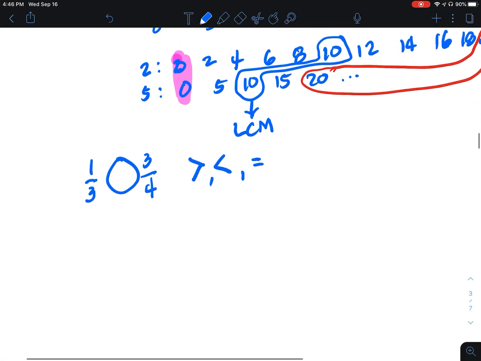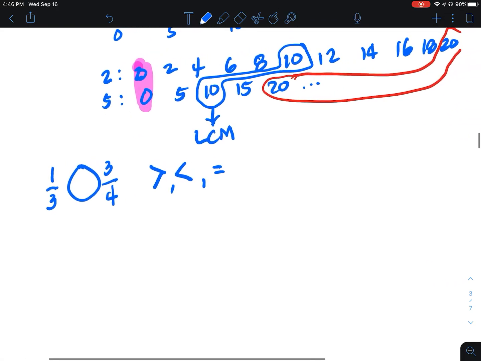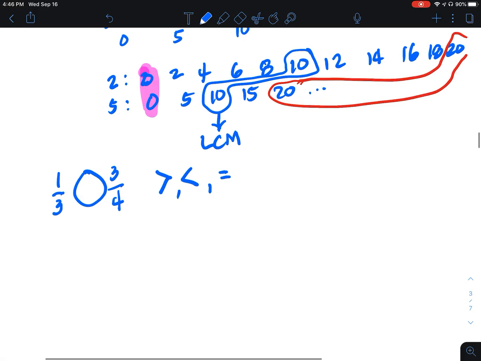So for me to compare those two fractions using the least common multiple, remember what we talked about: least common multiple is the same as least common denominator.